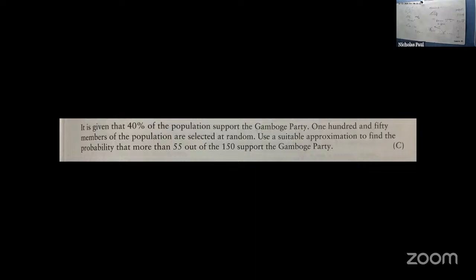Right, so the first thing you should have is n is equal to 150, p is equal to 0.4, and q is equal to 0.6. So of course, x follows a binomial with n 150 and p 0.4.